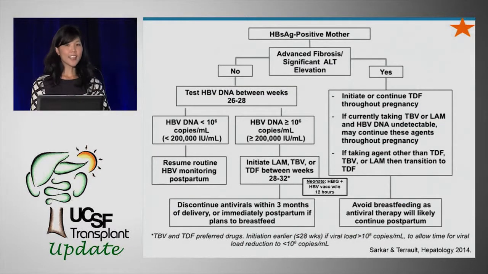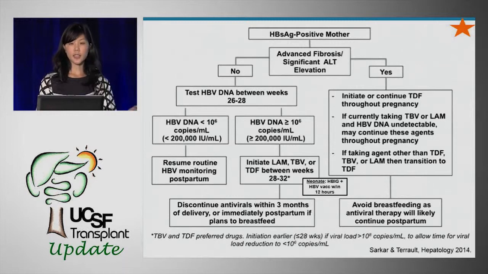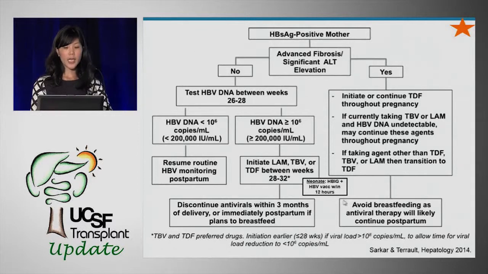Here's a summary slide. This summarizes the treatment algorithm as to when and how to initiate therapy in an HBV surface antigen positive mother. It comes from an editorial that Monica Sarkar and Nora Tarot published earlier this year in Hepatology.